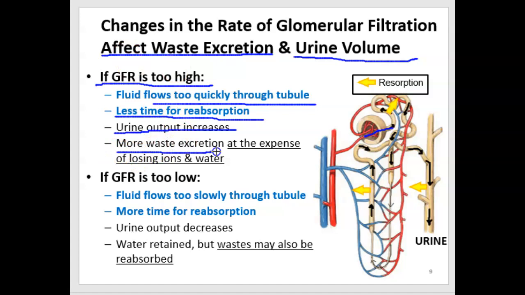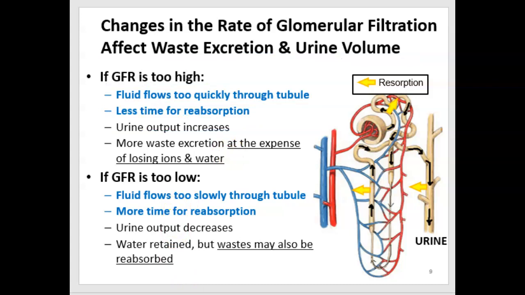And you'll get more waste excretion with that, but it's at the expense of losing water and ions and anything else that should be reabsorbed. If glomerular filtration is too low, instead, now the fluid is going to flow through the nephron sluggishly, really slow. And now there's a lot of time for reabsorption.